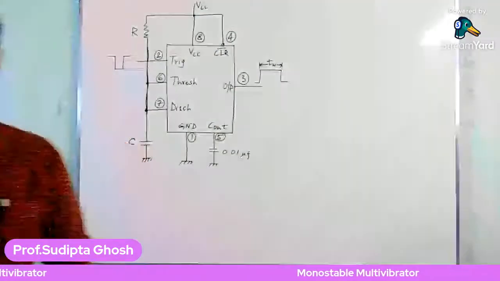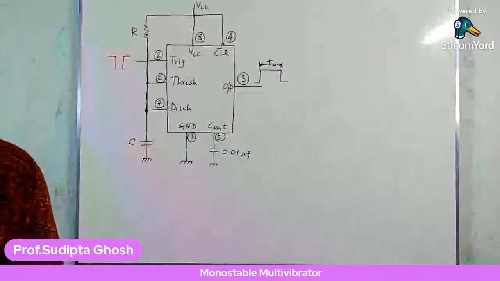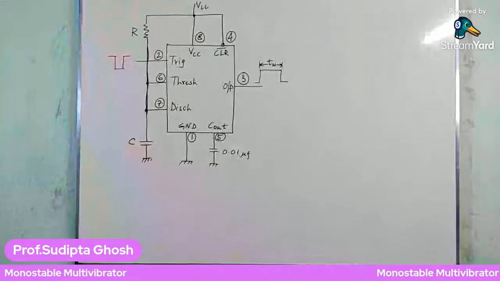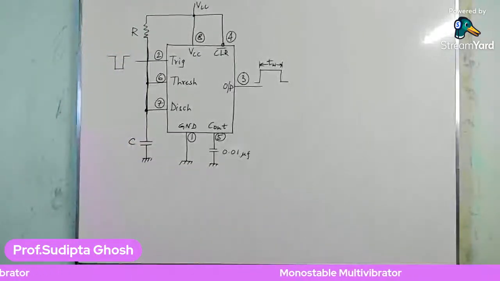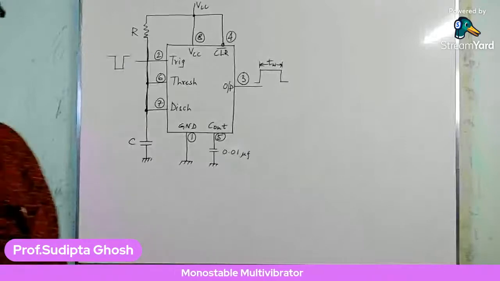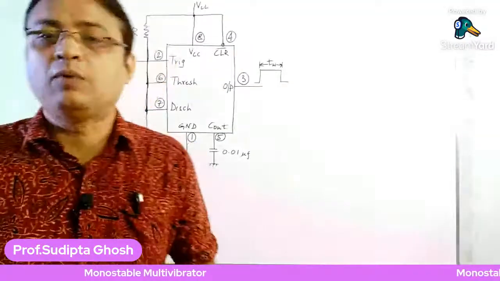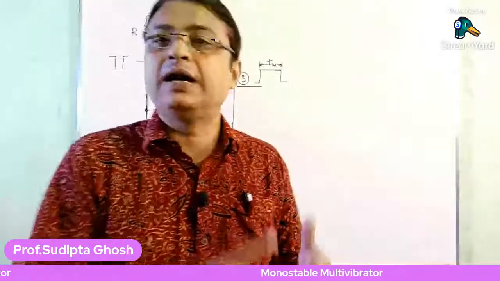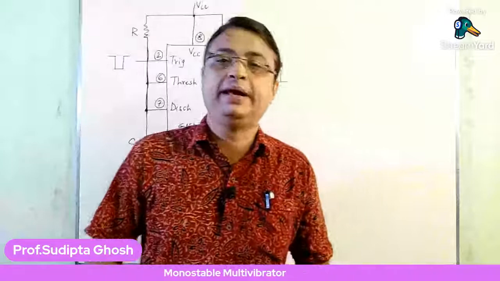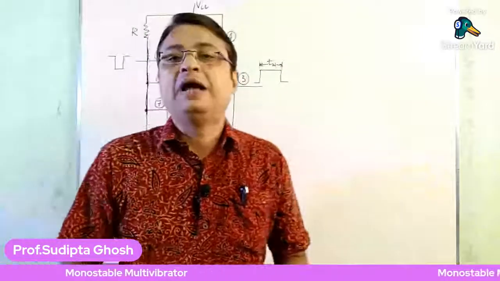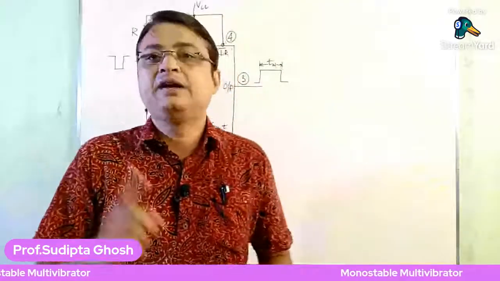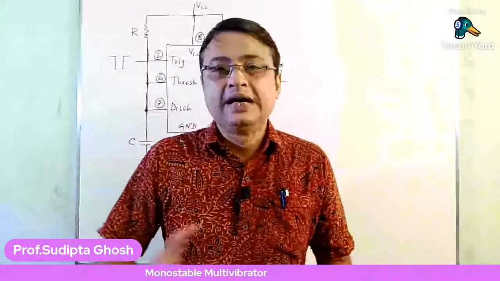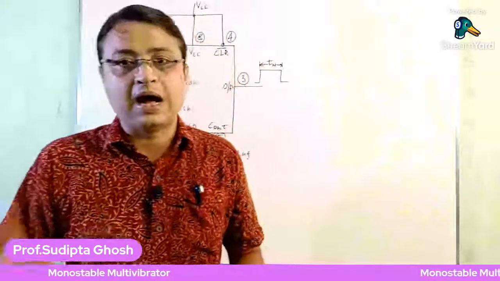Remember these 2 points we already discussed in our last lecture on the 555 timer. Number 1, to get a high output at the 555 timer, the trigger input voltage should be lower than 1/3 VCC, which gives the 555 timer output a high.